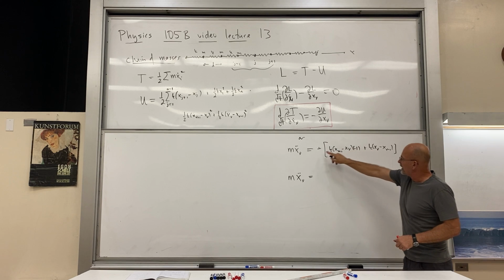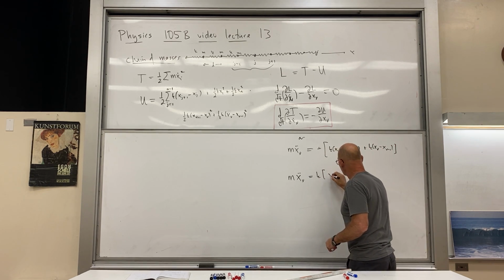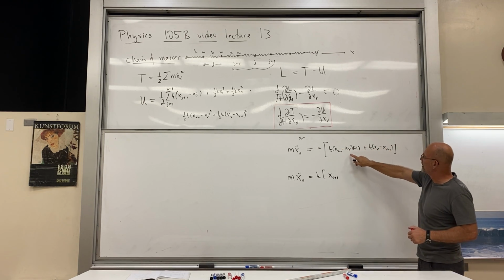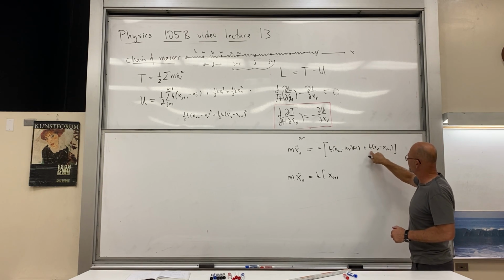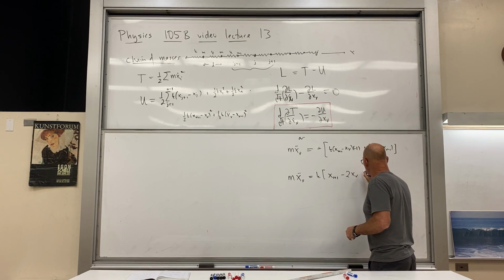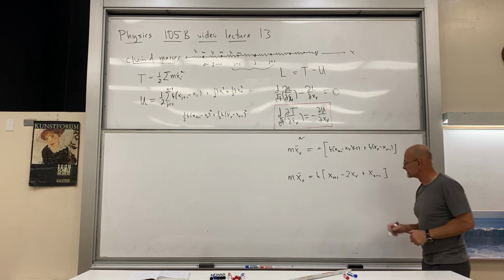Minus times minus is plus, so what we end up with is k times x_{nu+1}, and then the x_nu is going to have a minus sign both times, minus 2 x_nu, plus x_{nu-1}.